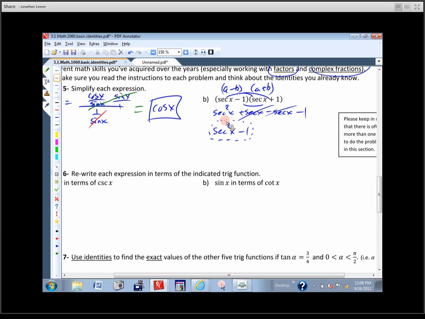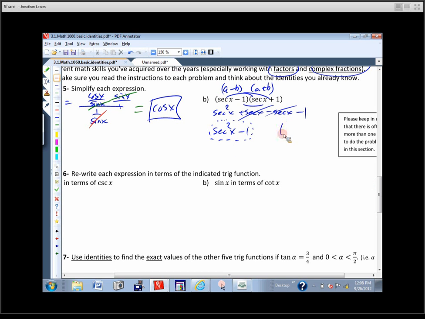No. Okay, remember what I said? If you see a trig function squared, that's your hint that it might be able to be simplified using a Pythagorean identity. So go back and look at the three of those. By the way, without looking, which one goes with secant? Sine and cosine go together. Tangent and secant go together. Cotangent and cosecant go together. This is going to be something to do with a tangent.